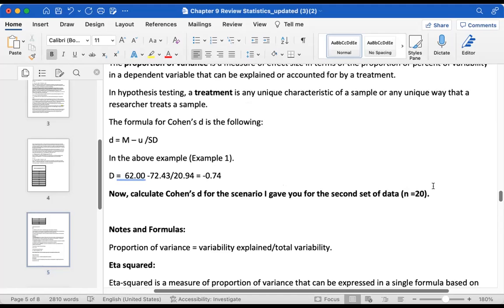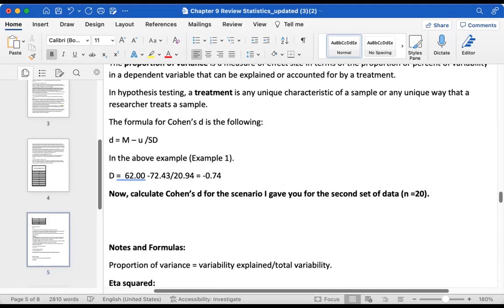Now calculate Cohen's d for the second set of data that I gave you, n equal to 20. You should have the numbers to plug in from what we already did.